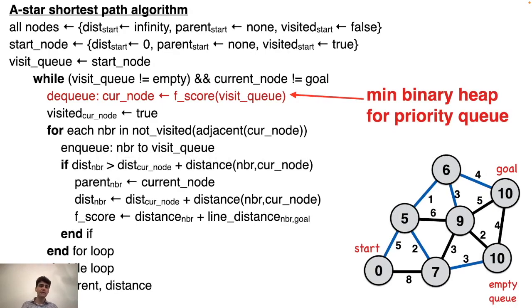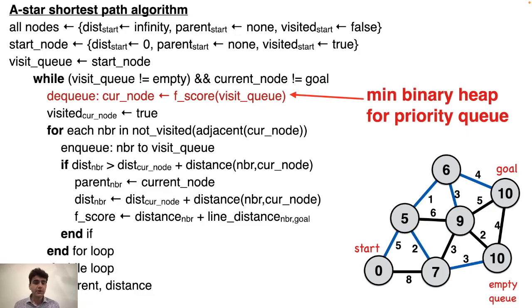If we look back at the A star algorithm pseudocode here, you might remember from a few slides ago we looked at the visit queue as being the key data structure that the algorithm relies on as it's performing the graph search. This line in particular that's highlighted in red is the step in which the current node is decided on for expansion or for visitation.